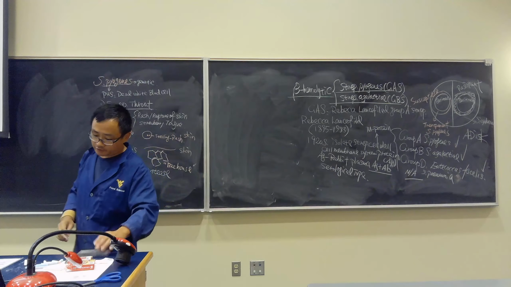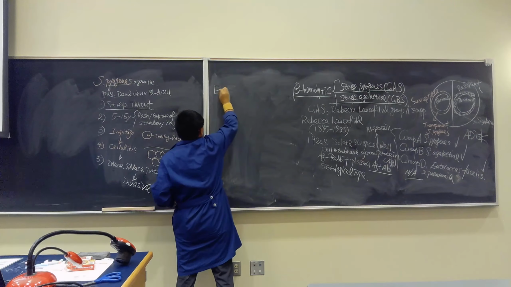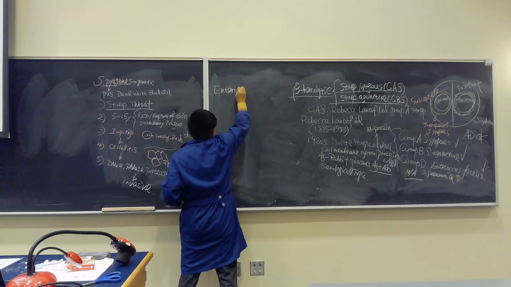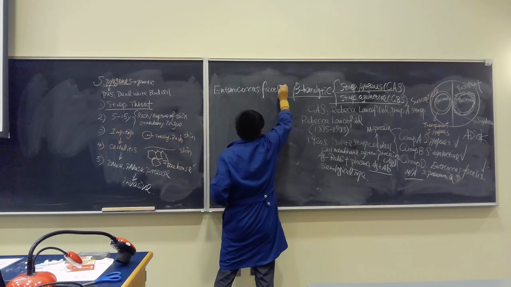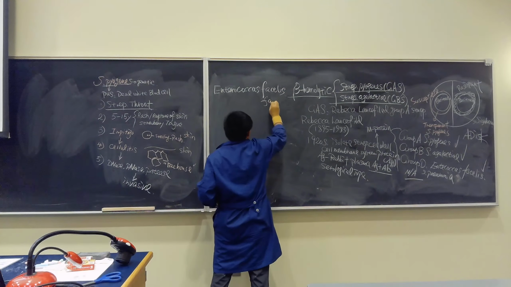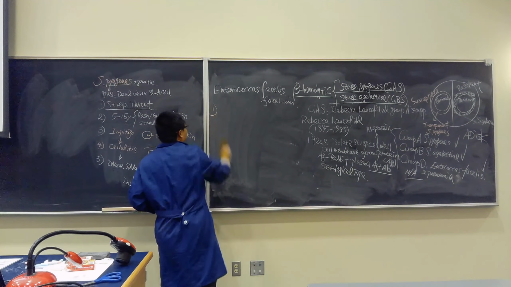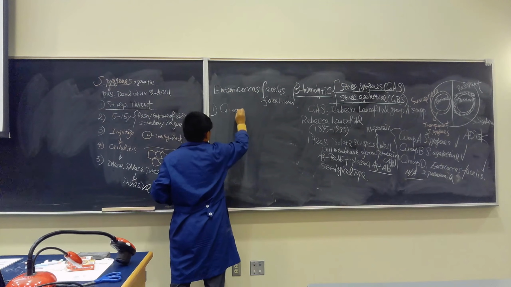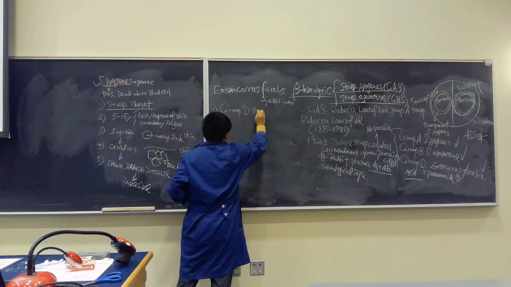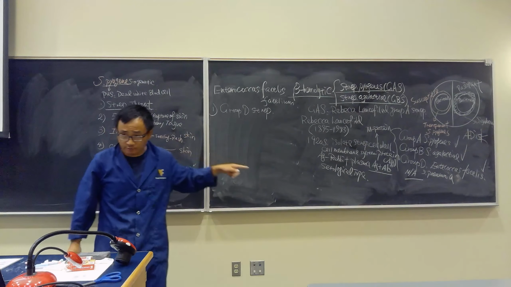So, what is Enterococcus faecium? We just write Enterococcus faecalis or faecium. Okay, first of all, this bacteria, we call it group B strep, based on Rebecca Lancefield's group, which we just mentioned.